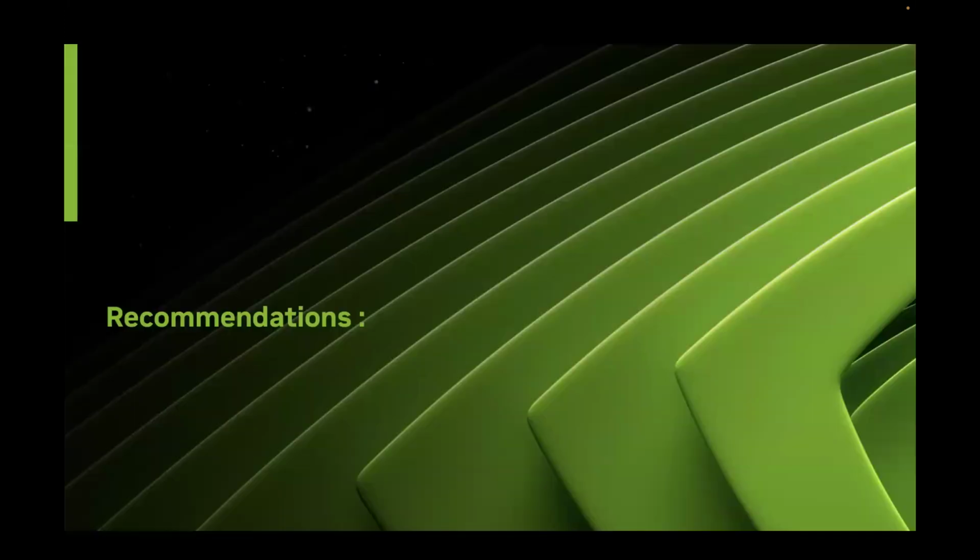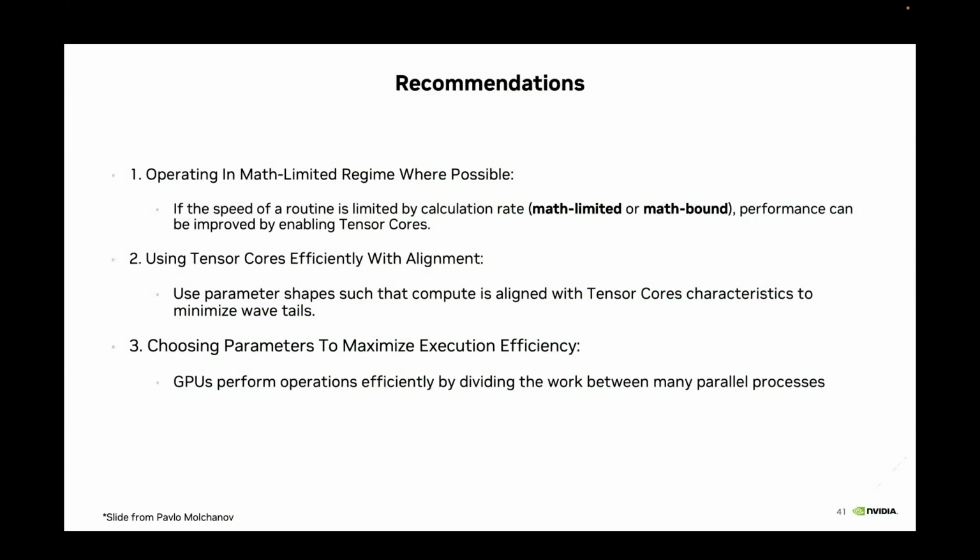So here are some recommendations. If you're operating in the math limited regime, where the speed of the routine is limited by the calculation rate, performance can improve by enabling the tensor cores. As I mentioned, they're designed to do MMA, or matrix math, faster. Enable these things.